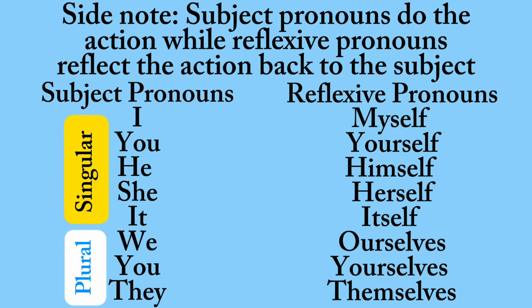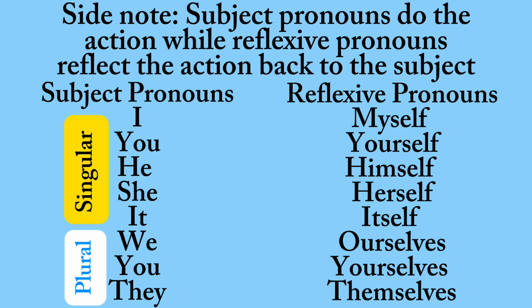So keep in mind our subject pronouns and our reflexive pronouns go hand in hand. So for every subject pronoun, there's a reflexive pronoun. So for example, if I said I hit myself, the subject pronoun I used would be I, and the reflexive pronoun I used would be myself.